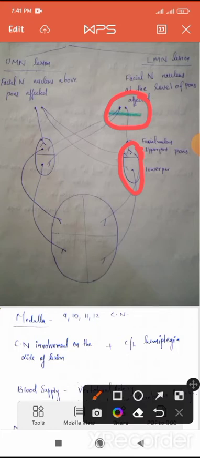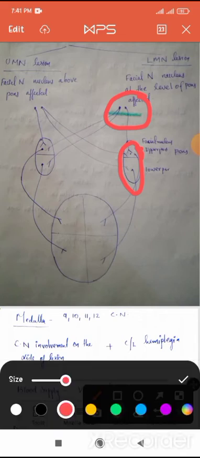From above the pons, fibers are sent down. One fiber is going to the same side, to the upper part of the nucleus, and two fibers are going to the opposite side. This facial nucleus at the pons has an upper part and a lower part.